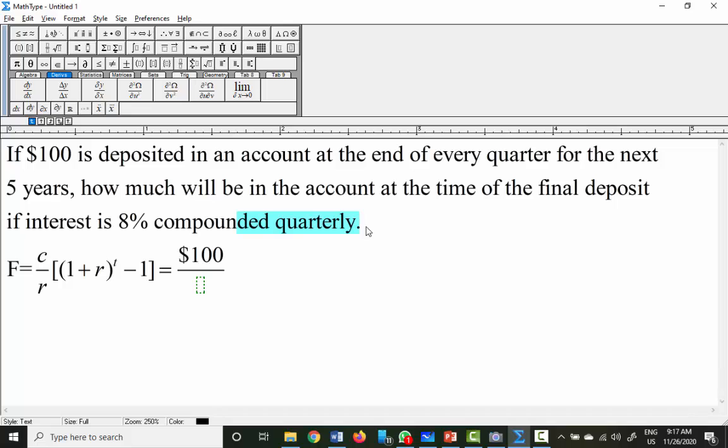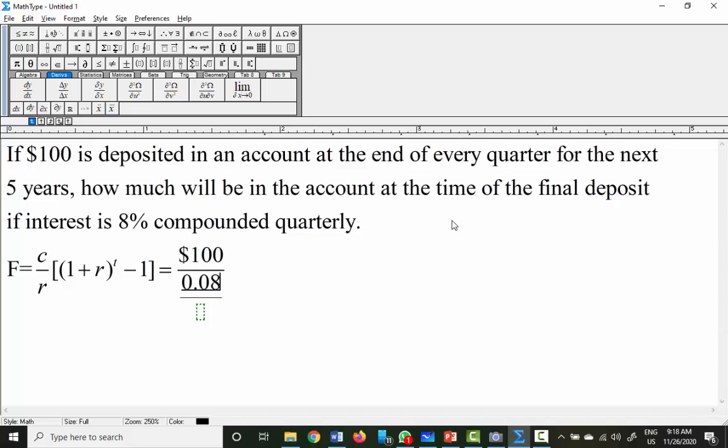So we already know in 1 year we have 4 quarters. So this is the yearly interest rate. If you want to find the quarterly interest rate, we will divide it by 4.